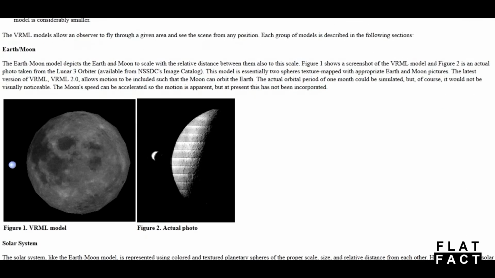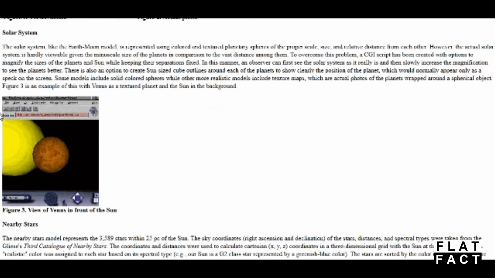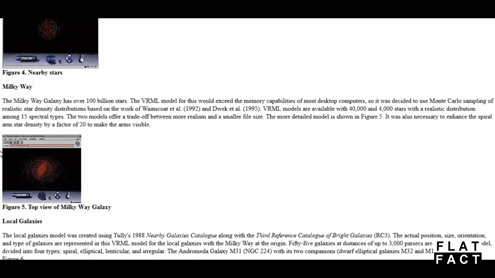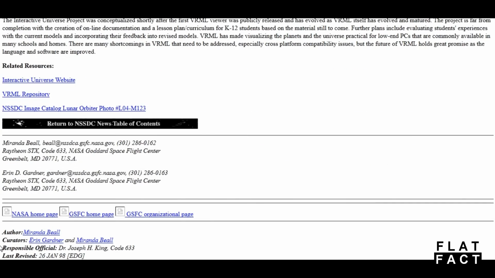So in 1997 they had a few of the models done. So we have the Moon, the Solar System, with the yellow sun, and the sun is white, the nearby stars, the Milky Way galaxy, other local galaxies, all for your viewing pleasure in 3D.